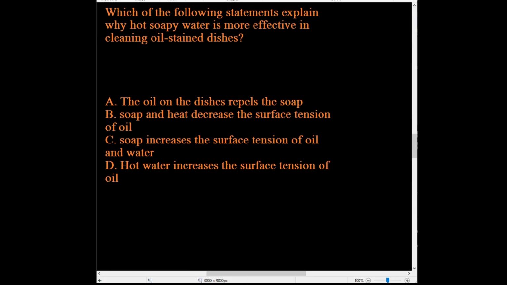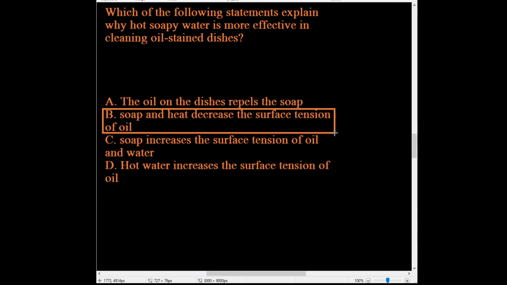So I think C. The soap and the heat will decrease the surface tension of oil, okay? Particularly the heat, okay? So when the surface tension is decreased, then it will be more effective.